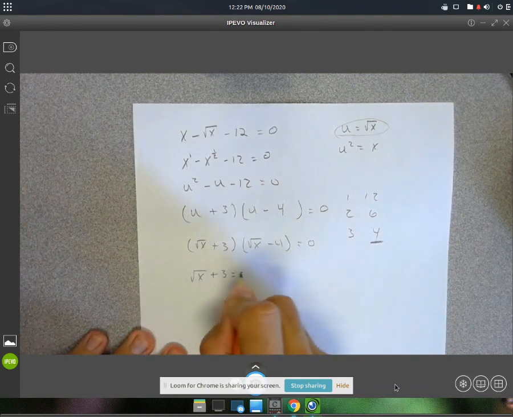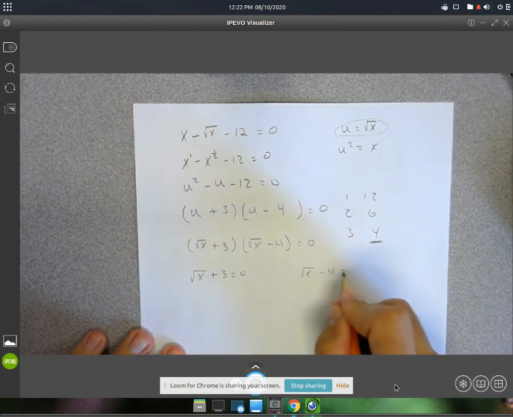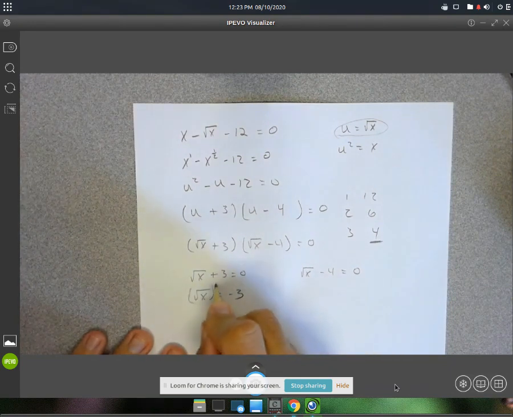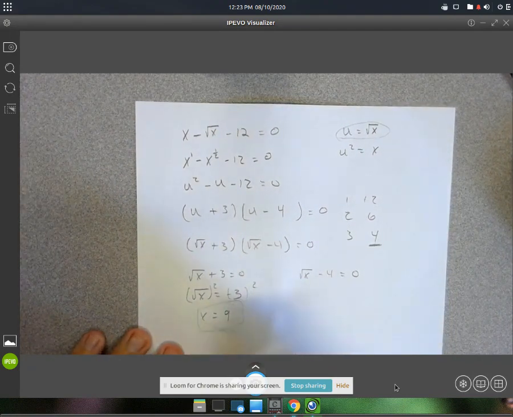Square root of x plus 3 equals 0, and square root of x minus 4 equals 0. Subtract 3 from both sides. You get negative 3. Square both sides, and you'll get 9. All right, that's one answer.